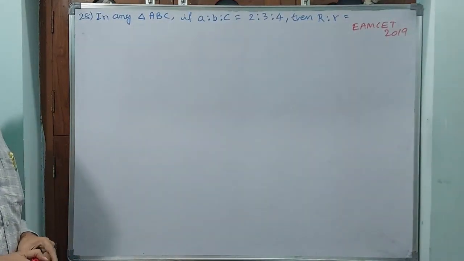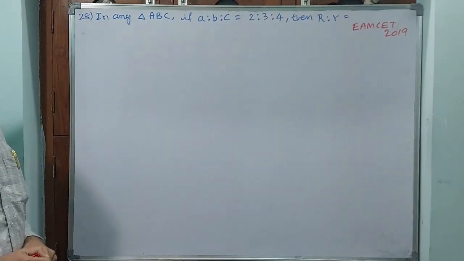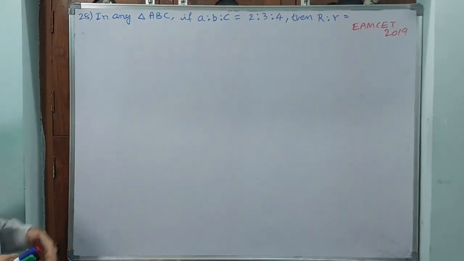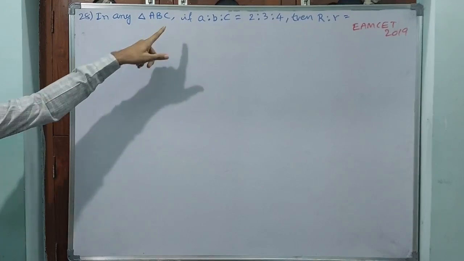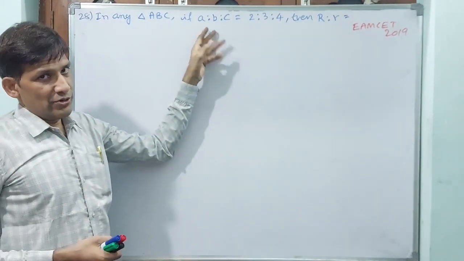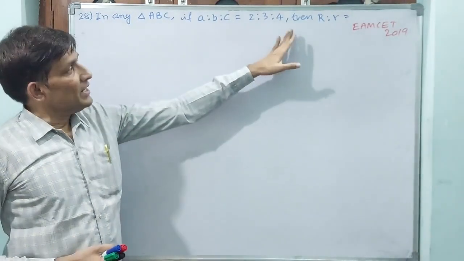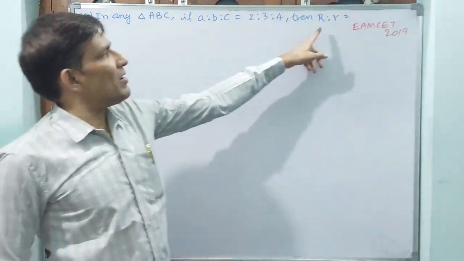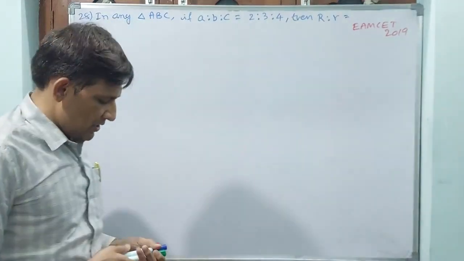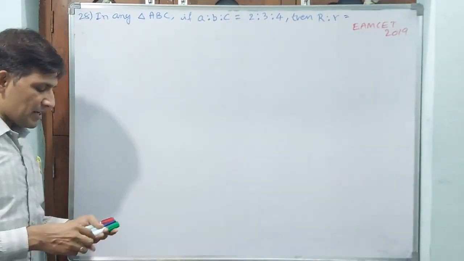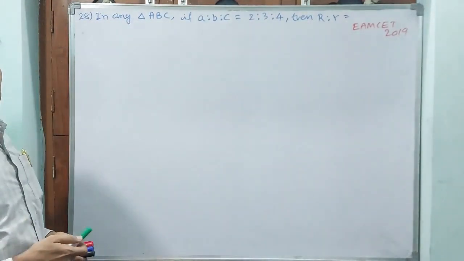See, question number 28, a 2019 question. This is also a good question. In any triangle ABC, the sides ratio a is to b is to c is equal to 2 is to 3 is to 4. Then what is the ratio between capital R and small r, they are asking. Unless you know the formula for capital R and small r, we are unable to do this question.